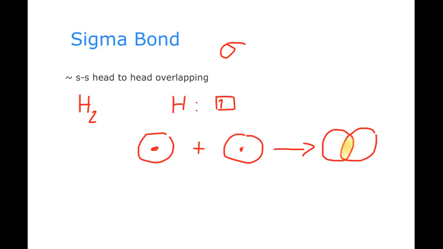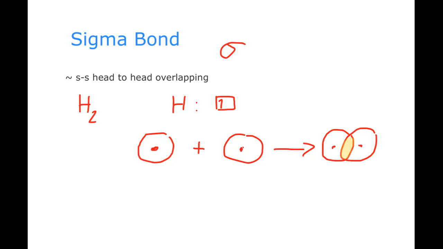And this is the region where the electrons are present, where the bond is formed. While these are the nuclei. So now each nucleus pulls on the two shared electrons, and that is why the atoms are held together.